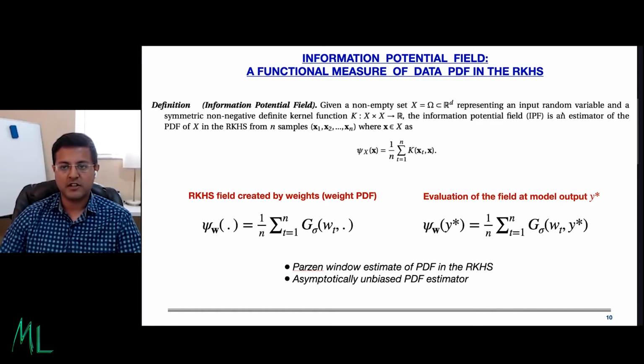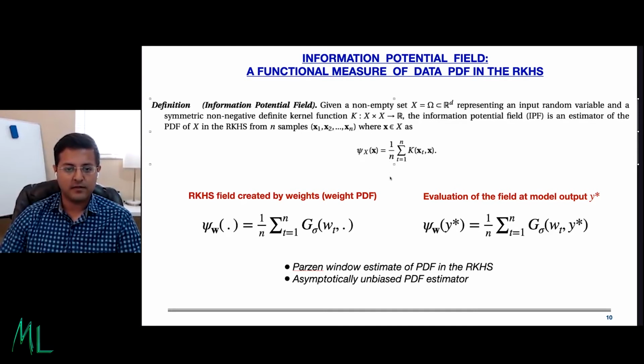The information potential field is an estimator of the PDF of X that is simply formulated as the empirical mean of kernel evaluations at each point in the input space. So it's a simple formulation in the RKHS.